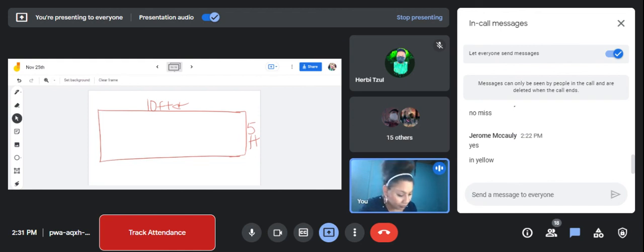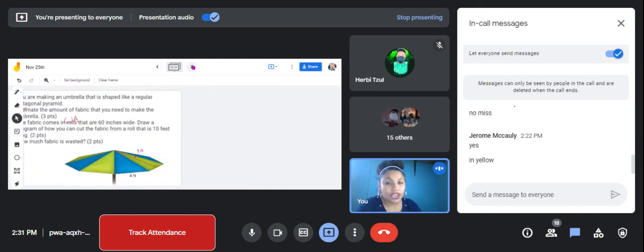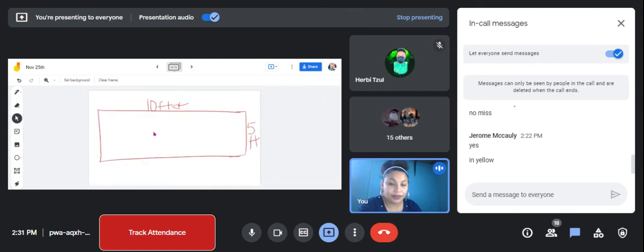And I have an octagonal shape that I have to cut out of this cloth. You are going to be thinking about how you are going to cut this umbrella out of this cloth, and you're going to be drawing that for me. If you are cutting triangles and only triangles, you have to show me, and you have to use some kind of sense.